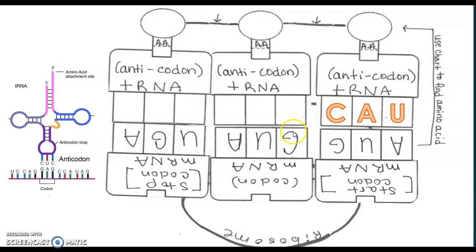All right, now we'll move on to the next one. So we've got G going with C, A, U. So here's our second anticodon. And then our last one, this is good practice for our RNA base pairs: A, C, U.